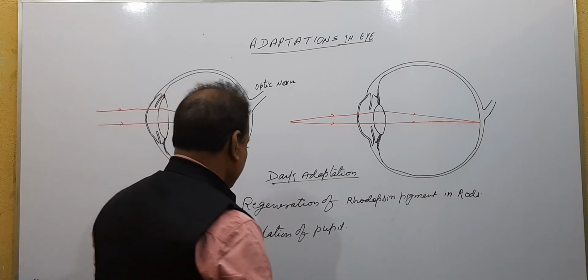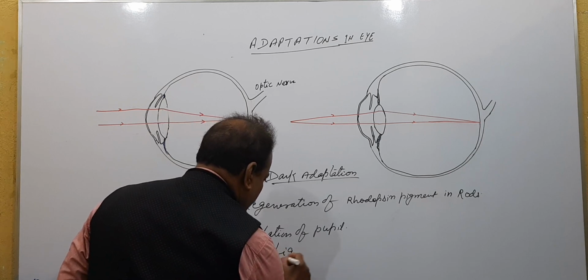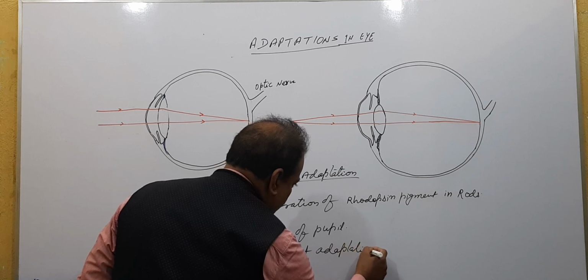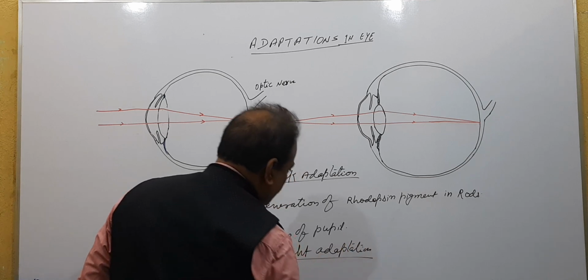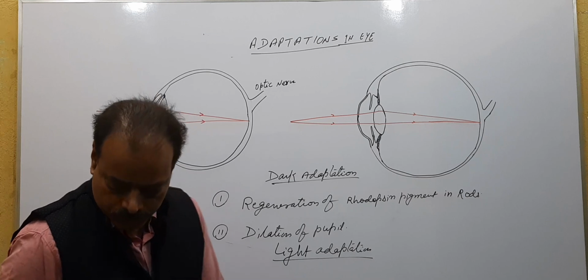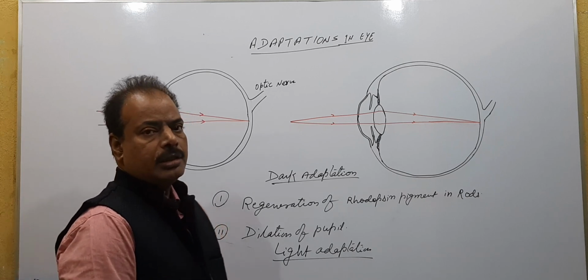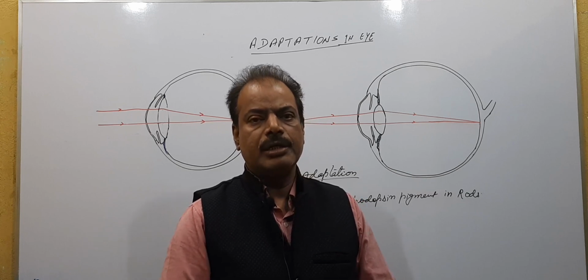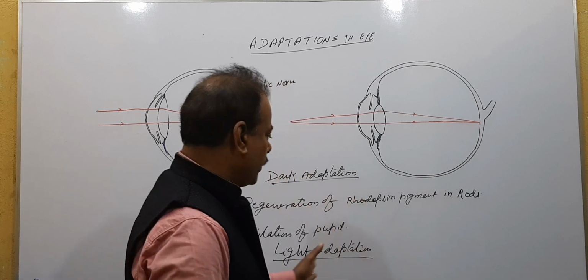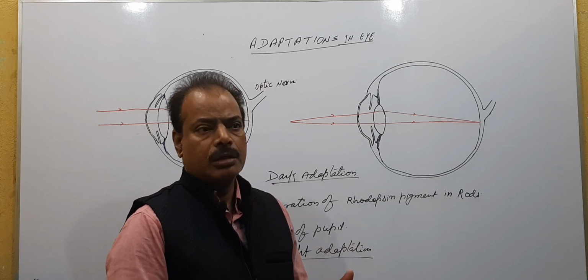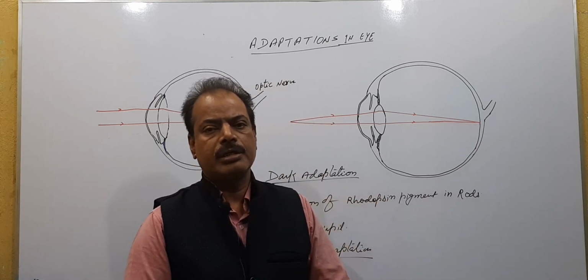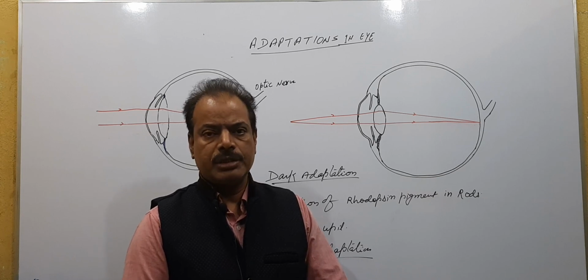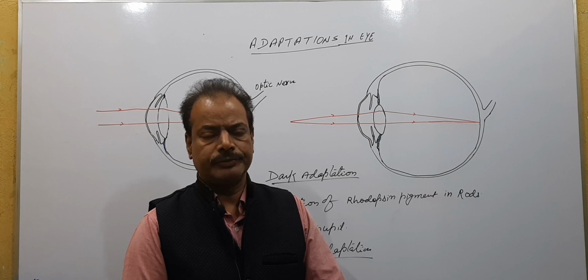Now, light adaptation. Light adaptation is the process in which our eye is adjusted to see in the brightly lighted area. So when we come from a dim light or dark area to the brightly lighted area, again we cannot see clearly the objects.